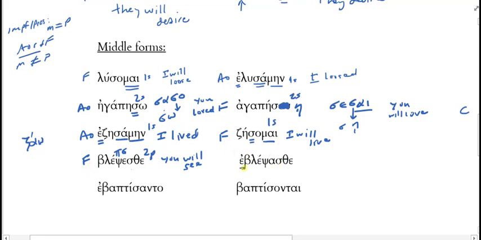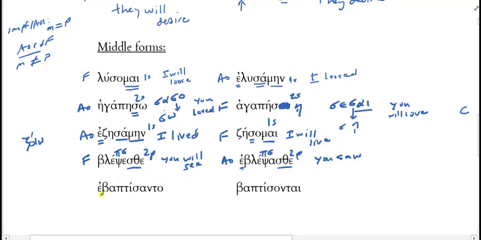Here I have the augment with blep, and then the P and the sigma of sigma alpha have joined together to form the psi. So this is the first aorist. Eblepsasthe. Sthe is the second person plural middle passive ending in both the primary and the secondary endings. Okay, so this is y'all or you, but here it's past, simple past. You or y'all saw. And again, middle forms have the subject performing the action and in some sense affected by the action too.